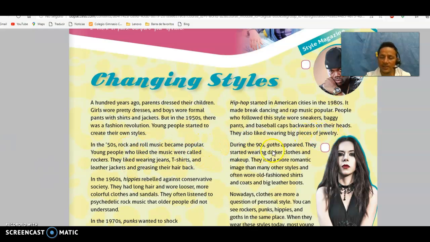During the 1990s, goths appeared. They started wearing dark clothes and makeup. They had a more romantic image than many other styles and often wore old-fashioned shirts and coats and big leather boots.